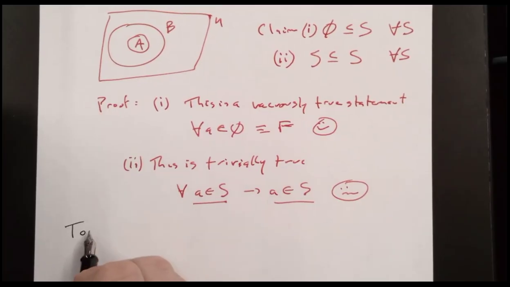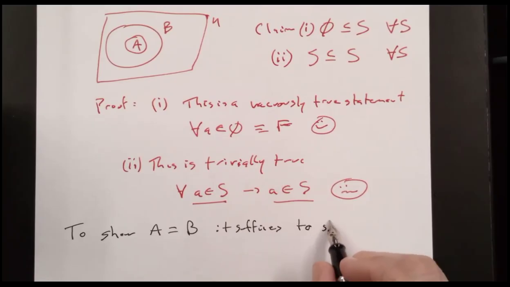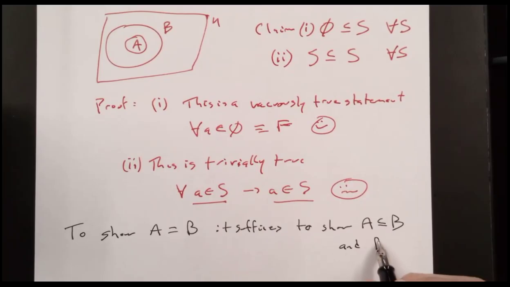So if I want to show that A and B are the same, I can say, hey, look, all the things that are in A are in B, and all the things that are in B are in A. So it's almost always easier to show the containment.